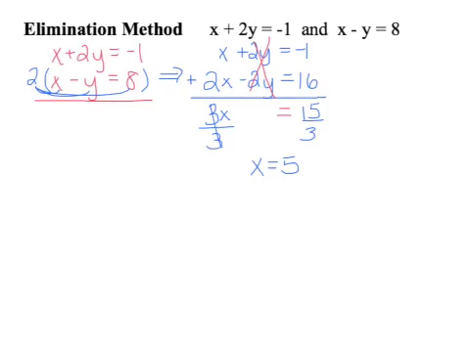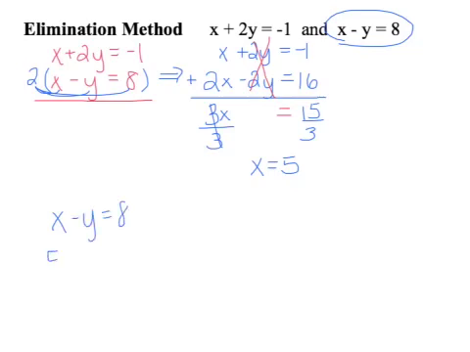Once I have one of the variables, all I need to do is plug it into one of the equations to solve for y. Doesn't matter which one. You can do elimination again to solve for the y, and that will work as well. All right, so I'm going to plug 5 into the second equation right here. We have x minus y equals 8.